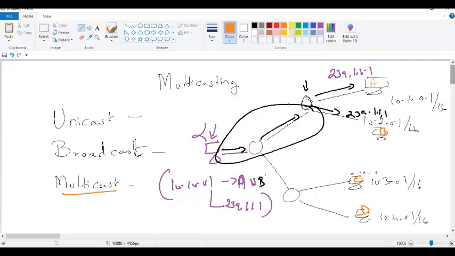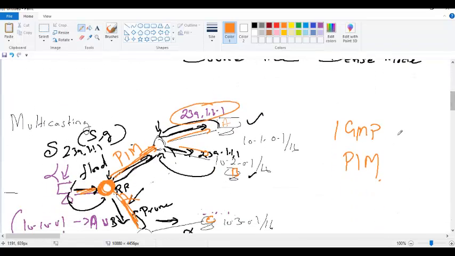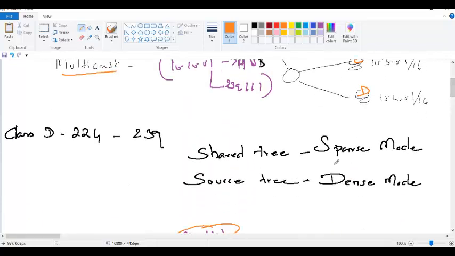To carry the multicast traffic on all the links wherever you want, you need to enable PIM, Protocol Independent Multicast. In multicasting, there are two modes: sparse mode and dense mode. Sparse mode is popular. Dense mode is not, because it is flooding and pruning. In our lab, we will be seeing both.